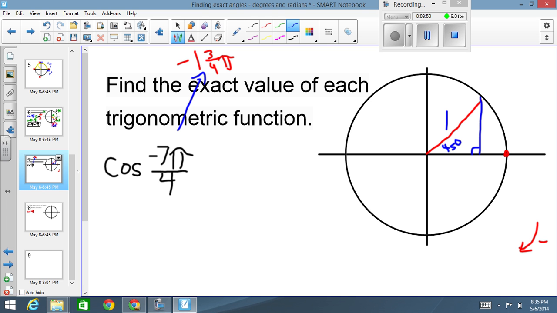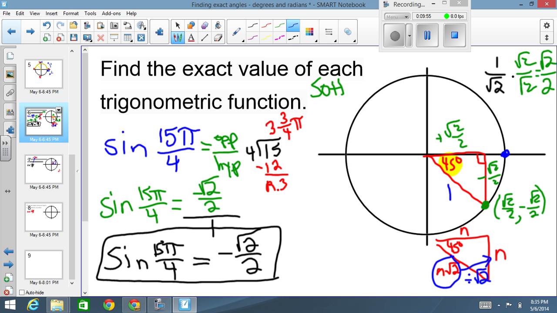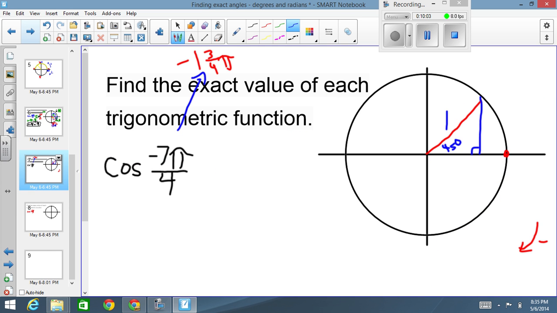Now, heck, once you start doing these, you'll know that you can just refer back. If we refer back to the previous slide, when it's a 45, 45, 90, I get square root of 2 over square root of 2. So this is going to be square root of 2 over 2. This is going to be square root of 2 over 2. This time they'll both be positive because I'm going to the right and I'm going up.